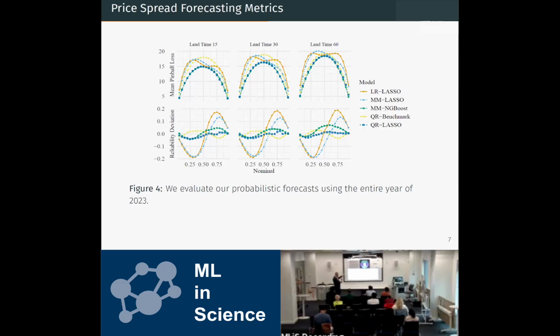And the QR-LASSO includes all the features, the intraday features and all what you saw, but penalized again with a lasso parameter. As you can see, the first row is the mean pinball loss. This is the accuracy metric that we use in probabilistic forecasting, so that we can assess our model at different probability levels, the quantile loss.